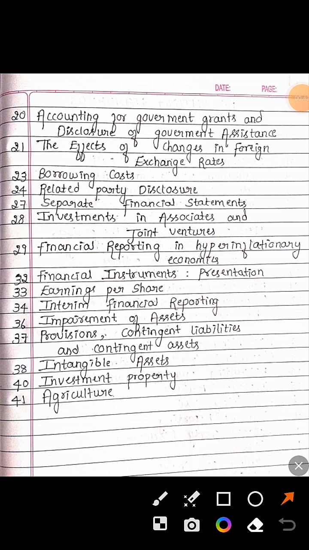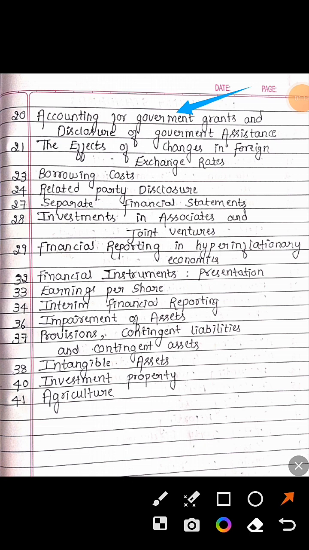Ind AS 20 talks about accounting for government grants and disclosure of government assistance. Everything related to the grants given by the government and the assistance taken from the government is dealt with in Ind AS 20 for Ind AS companies.